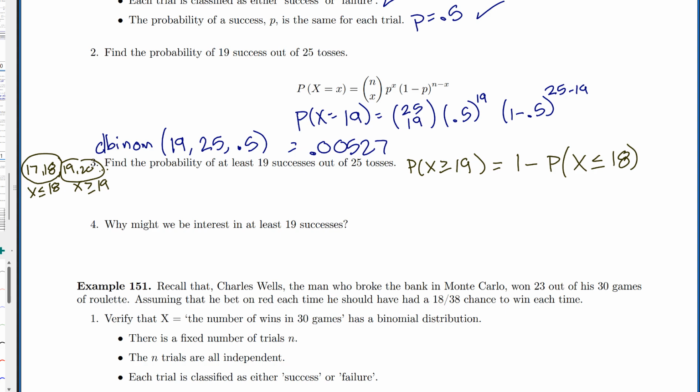So in R, I'm just going to do 1 minus p-binom. I want the 18 successes, 25 trials, and 0.5 chance of success. So it's going to be 1 minus, let's go figure out what that probability is.